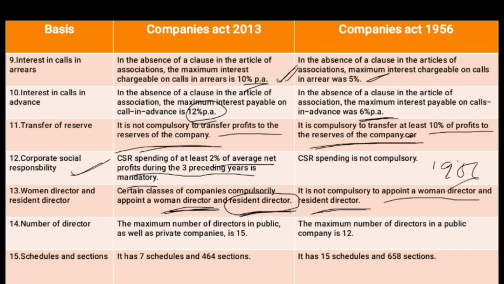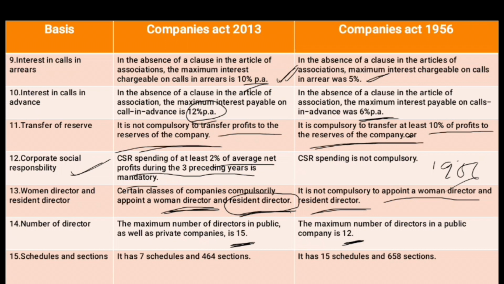Okay. Now the next point is the number of directors. The maximum number of directors in a public as well as a private company is 15 under the Companies Act 2013.